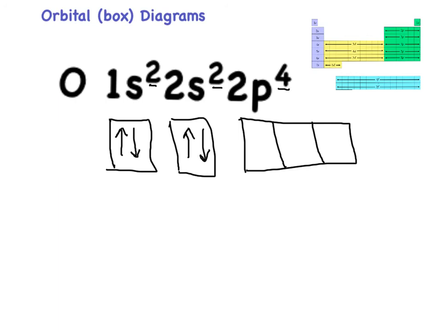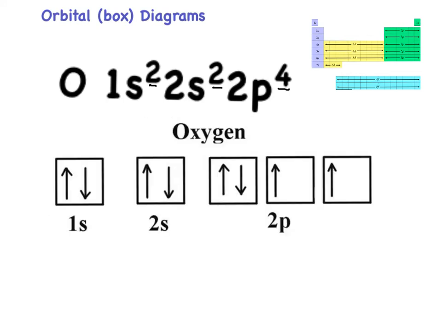And according to Hund's rule, each of those orbitals would get 1 electron before any of them got 2. So I'll fill them like this. 1, 2, 3. Now each of those orbitals has 1 electron in it, and the 4th one will go in like that. And there's the orbital box diagram for an oxygen atom.